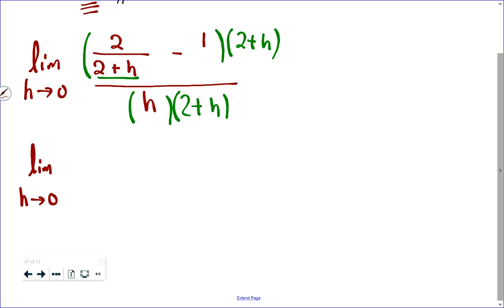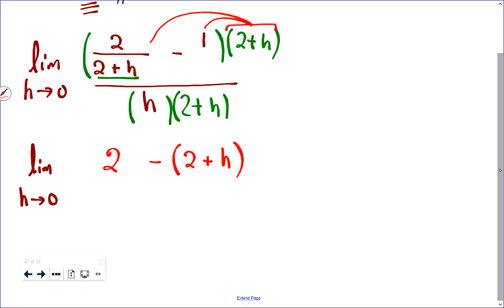I need to take this and multiply it by this term and multiply it by the negative 1. When I multiply the 2 plus h by the 2 over 2 plus h, the 2 plus h cancels, and then I'm left with minus 2 plus h. Of course, you don't want to write what I just wrote. That's the fatal mistake.